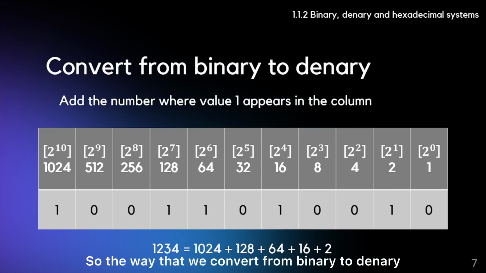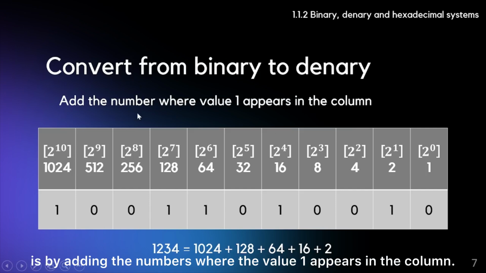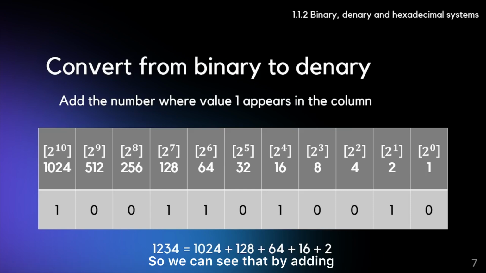So the way that we convert from binary to denary is by adding numbers where the value 1 appears in the column. So we can see that by adding 1 × 2 to the power of 10, 1 × 2 to the power of 7, 1 × 2 to the power of 6, 1 × 2 to the power of 4, and 1 × 2 to the power of 1, we can get the number 1234.